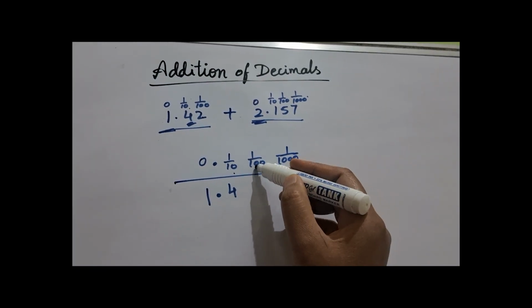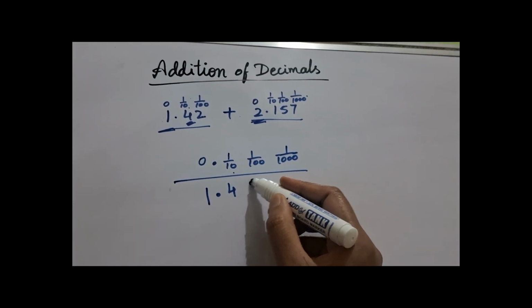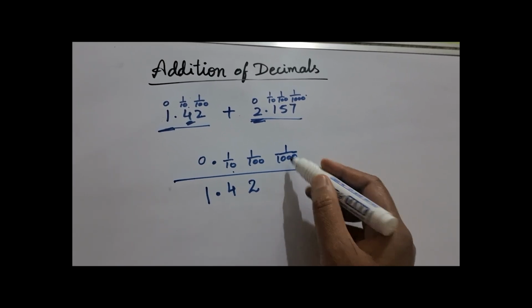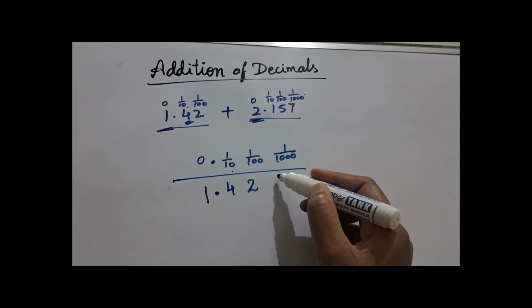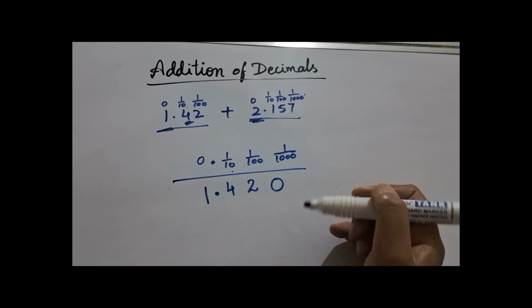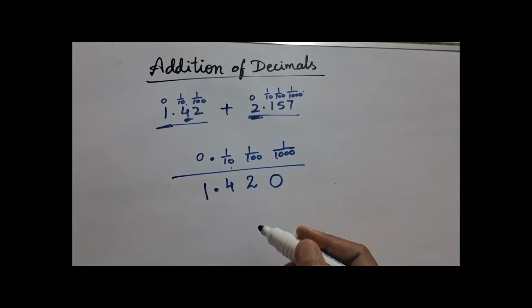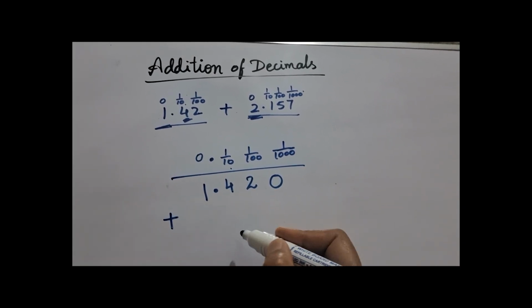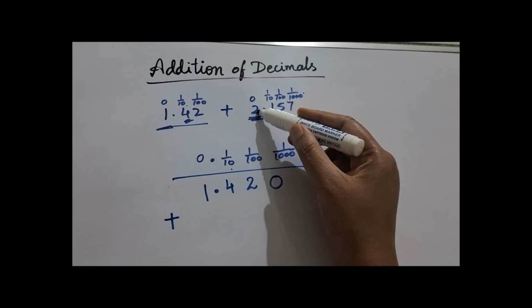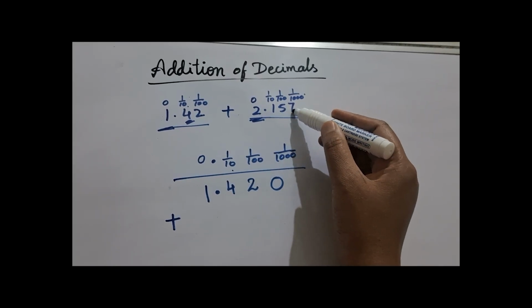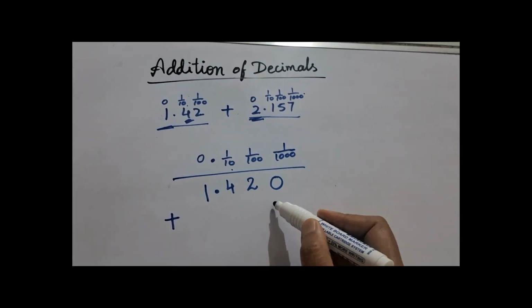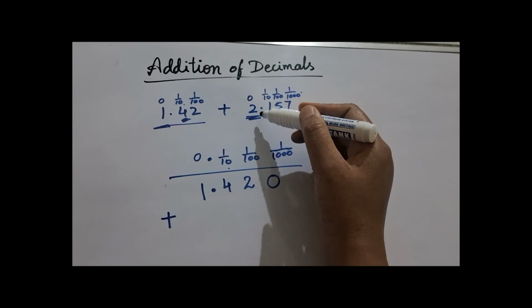That means in the 1 by hundreds place, 2. And here we can observe that this place digit is missing, so you can put 0. Next, here 2.157 is to be written under this number to add them.